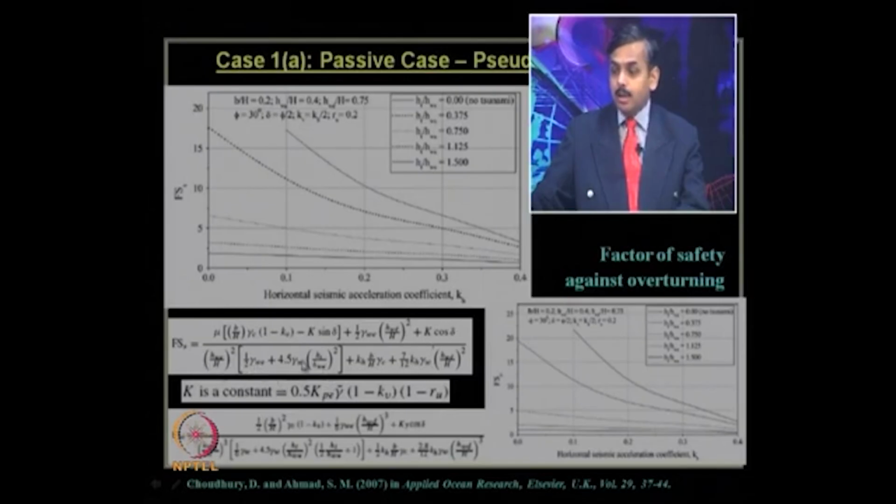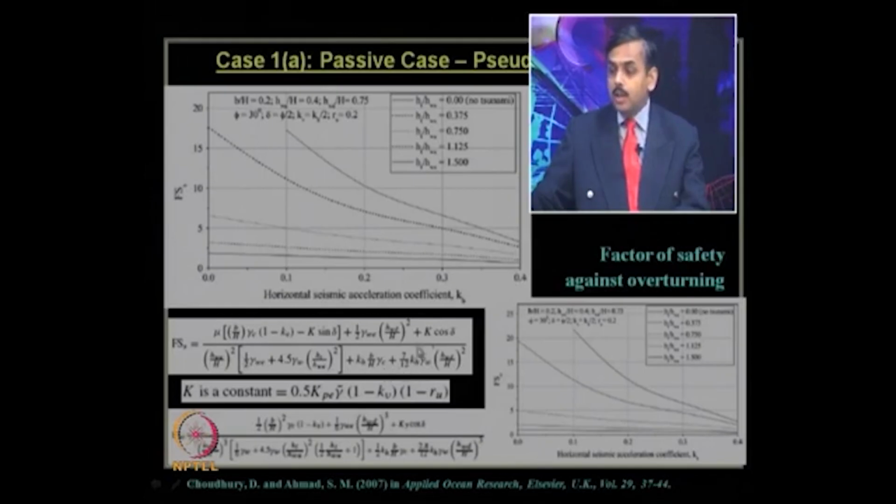Gamma W is nothing but unit weight of water, and gamma We is nothing but equivalent unit weight of the water. And this gamma C is nothing but unit weight of the concrete which you are using for the waterfront retaining wall or the sea wall.